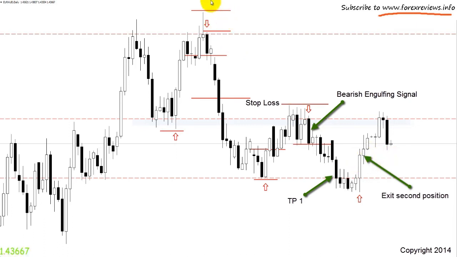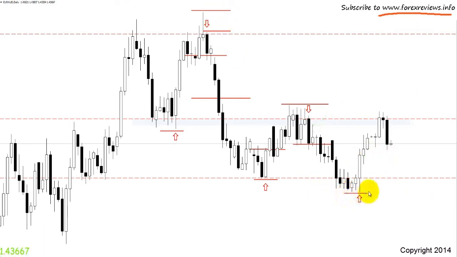Now then the market repeated itself again, giving us another buy signal right here. I'll show you this one in detail. Buy engulfing. This being the entry price, allowing it to go to 1-to-1.